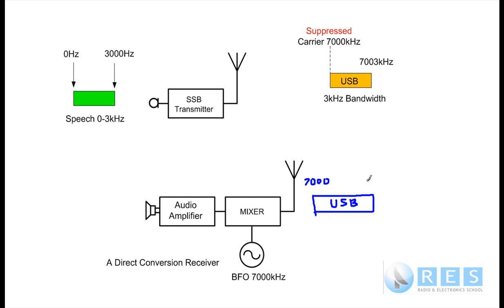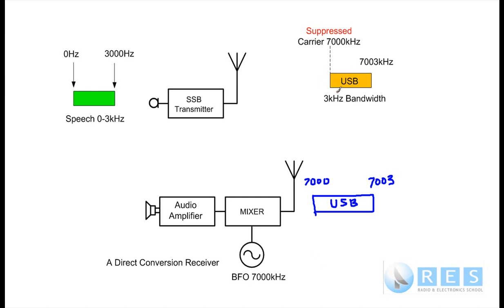And the top of the upper sideband is 7,003 kilohertz. Now suppose at our receiver we had an oscillator on 7,000 kilohertz. Well, that oscillator is on the frequency that the carrier used to be on. That oscillator is at the bottom of the upper sideband.